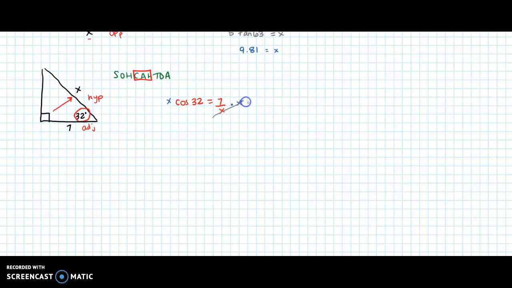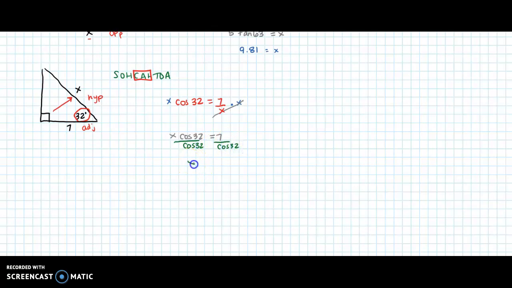And the x's cancel, which is what I want to happen. So now I have x times the cosine of 32 equals 7. Now be aware that the cosine of 32 is some number, so you don't want to just divide by 2 or just divide by cosine. You are going to divide to get x by itself by the cosine of 32.